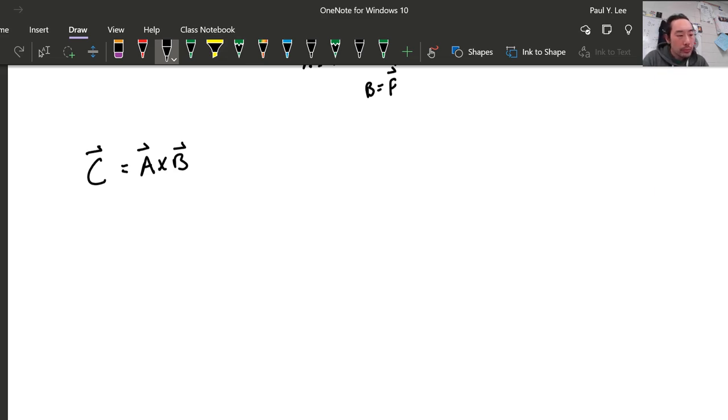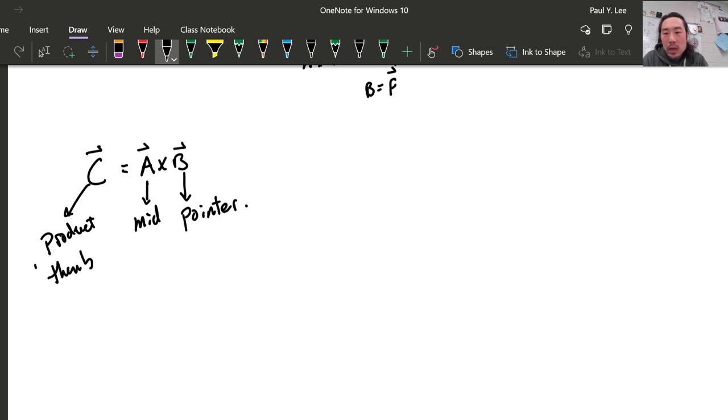Your middle finger and your pointer finger are the two things that you're multiplying, and the product will be your thumb. Essentially, you're using your right hand to see: if my pointer finger is pointing in this direction and my middle finger is pointing in this direction, and I multiply them together, what direction is my resultant, which will be your thumb?